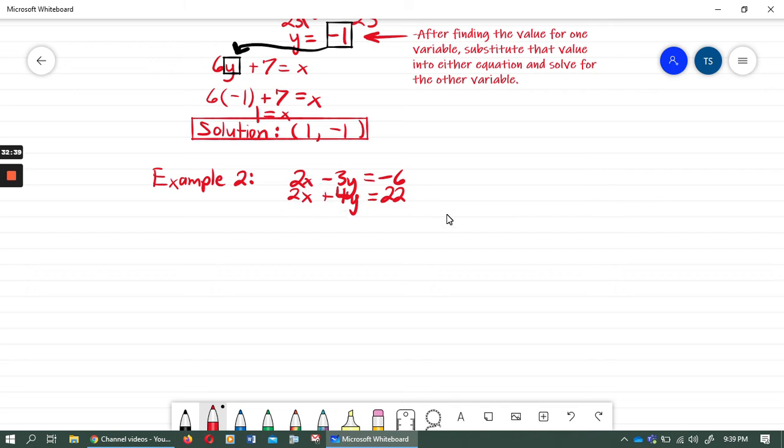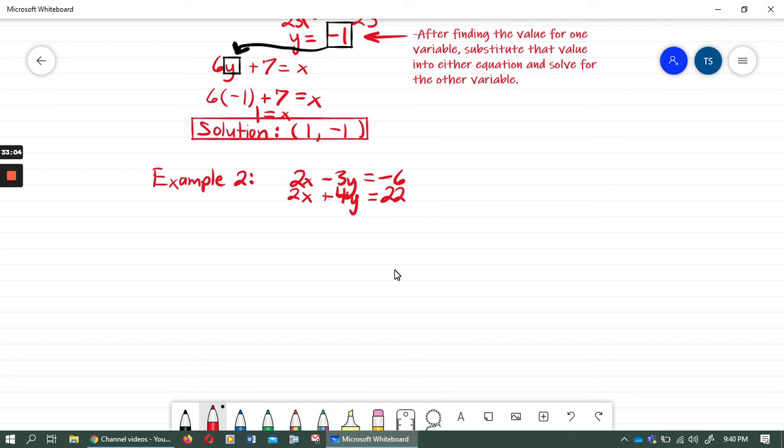It would be easier to solve that second equation for x, where it would not leave you with a fraction.